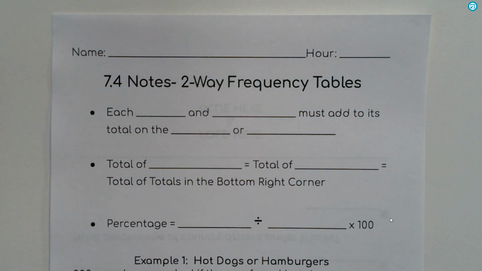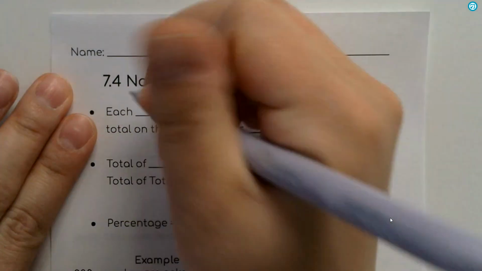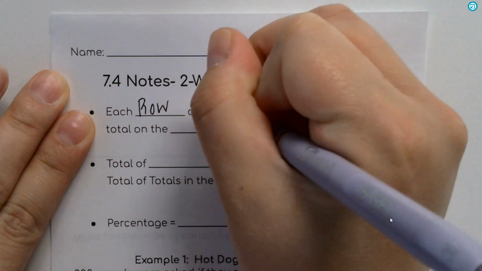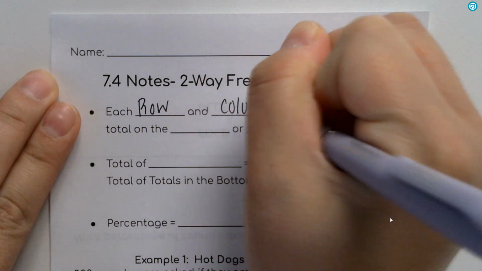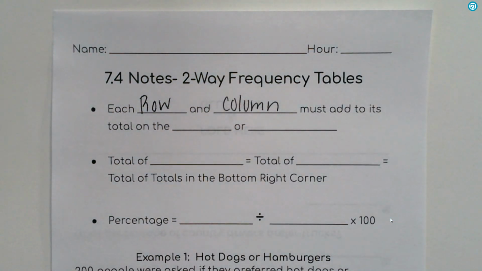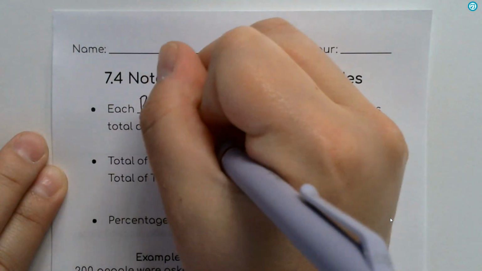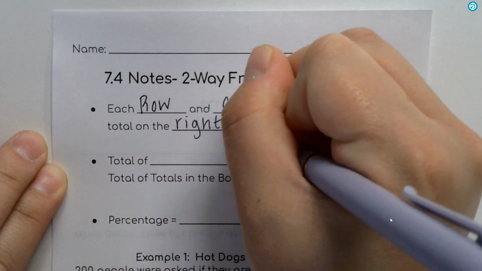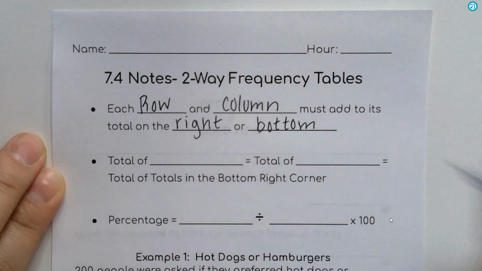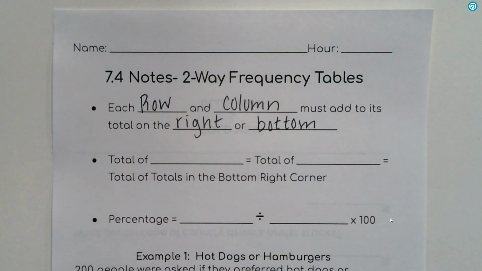Okay, so first thing that we need to know is that things are going to have to total up. Each row and column on our tables must add up to the total that is on the right side or the bottom of the column. So we're going to have totals at the right, we're going to have totals at the bottom.